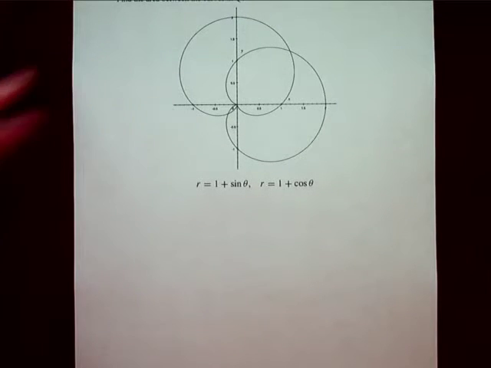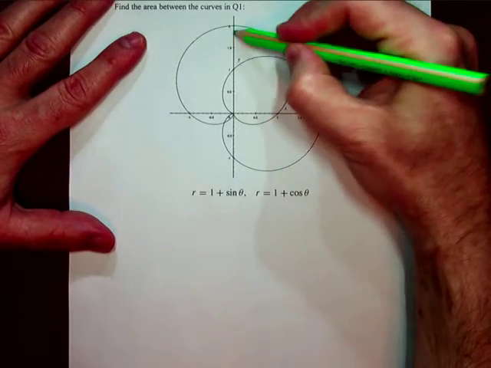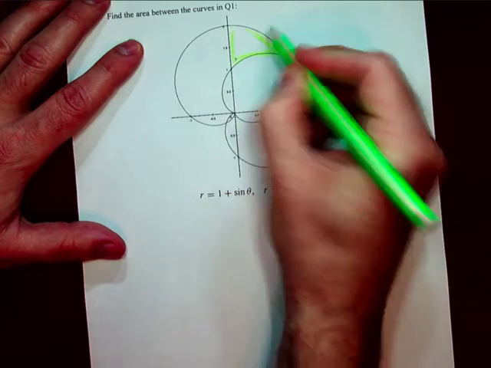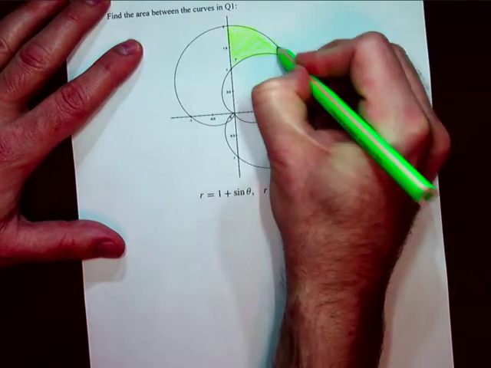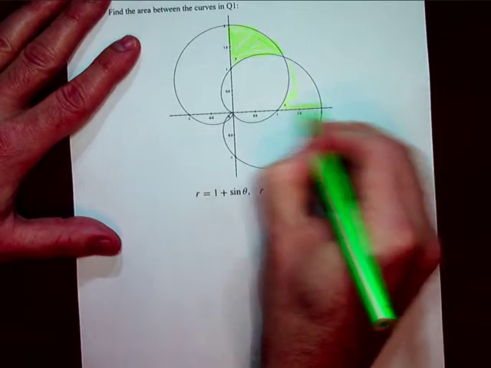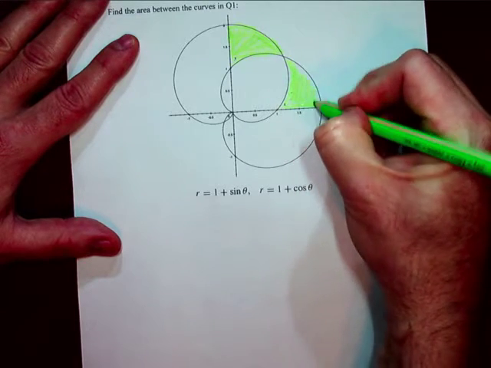All right. Well, let's actually look at the same graph, and let's ask, how about the area between the curves in quadrant 1? Now we know where quadrant 1 is, so let's go ahead and shade the area between the curves. And what we notice is what we had sometimes when we did rectangular: you had to break the integral apart.